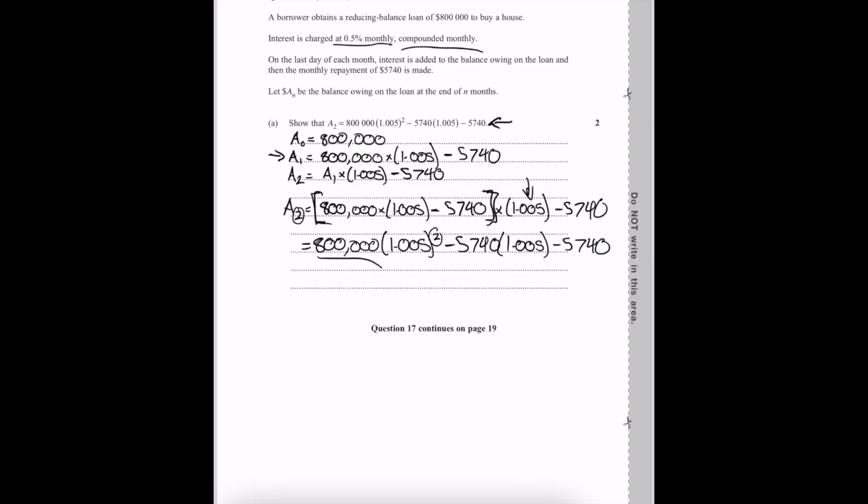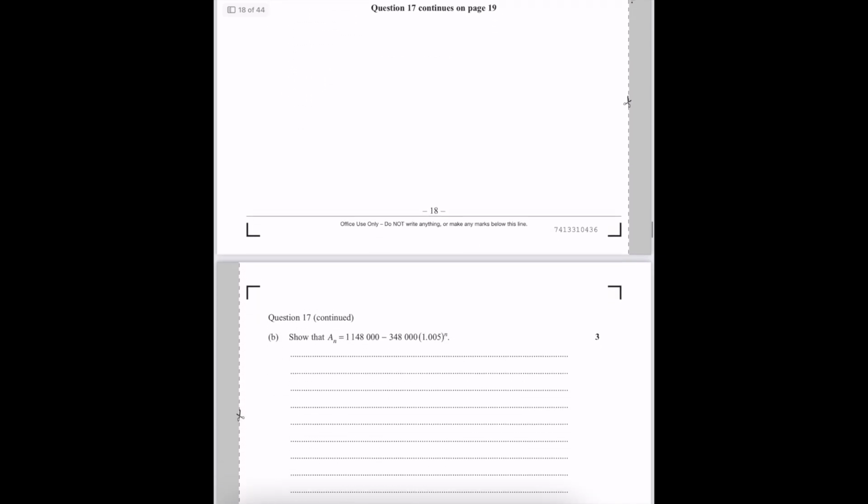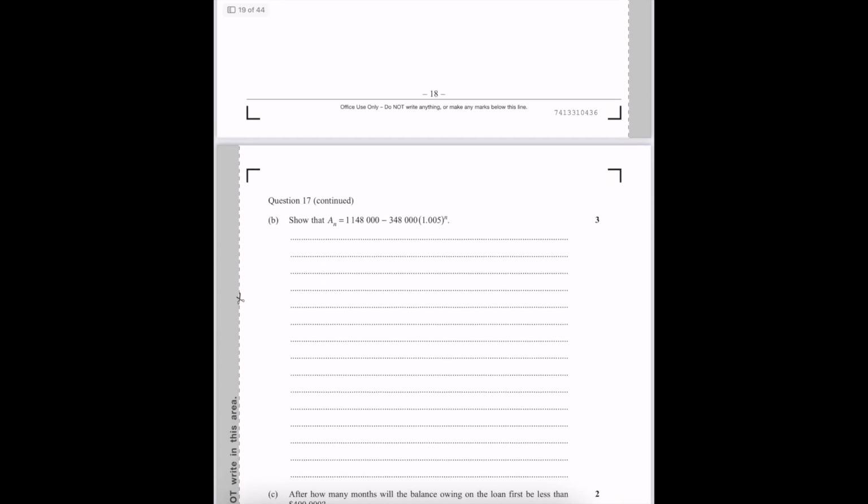And then we have minus 5,740 times 1.005 to a power that is 1 less than what we had before, minus 5,740 times a power that is going to be then 2 less than what we had, and it's going to work in that way.